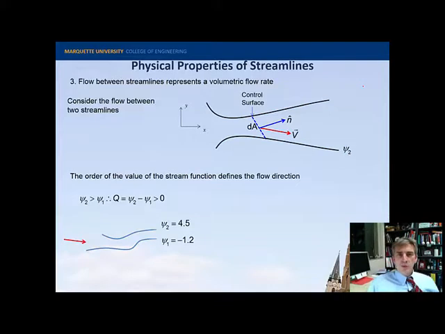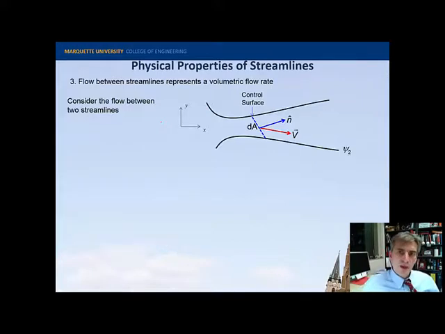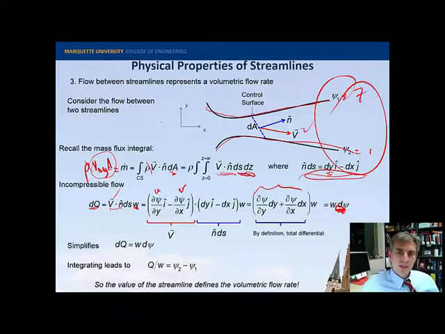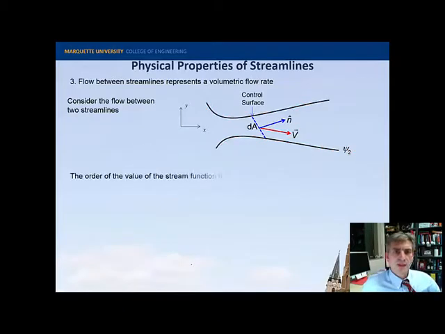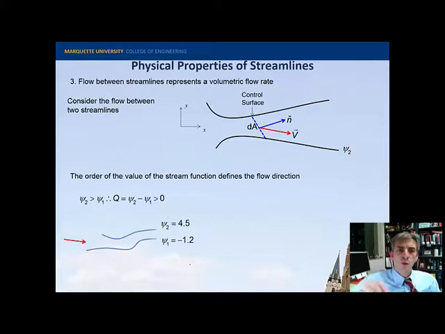Let's make one more observation, and that is that the value of the streamline, because we picked a coordinate system, isn't arbitrary. When we integrated this equation, this guy here, it's got psi 2 minus psi 1. So that means that for a flow field where psi is increasing for increasing y, the flow is in the positive direction.